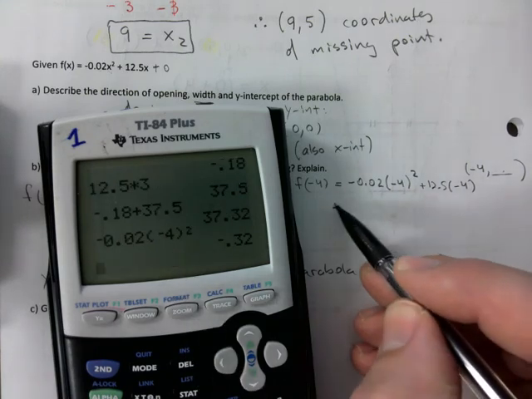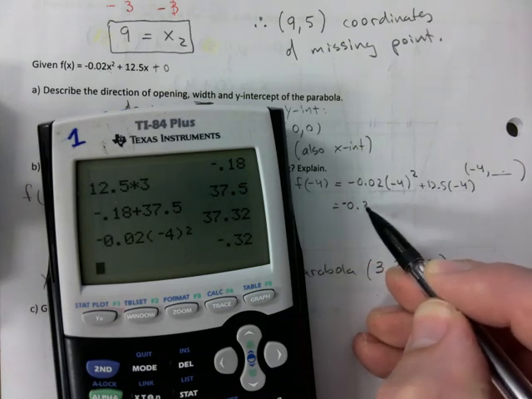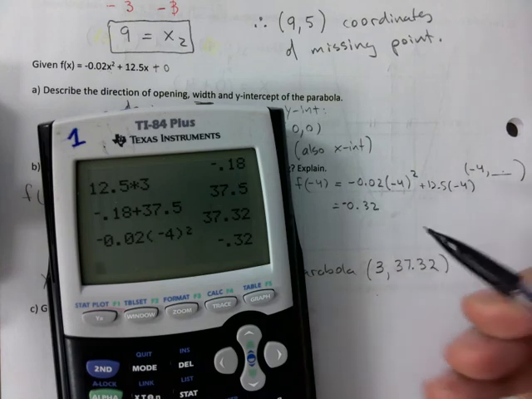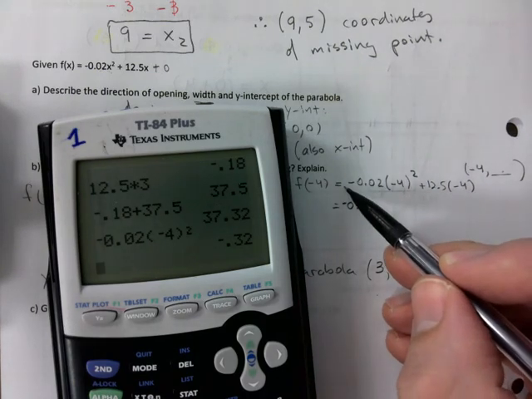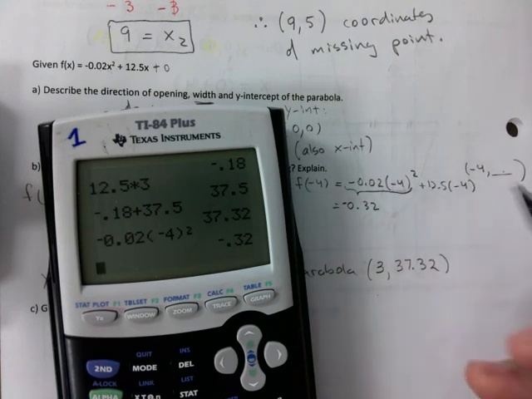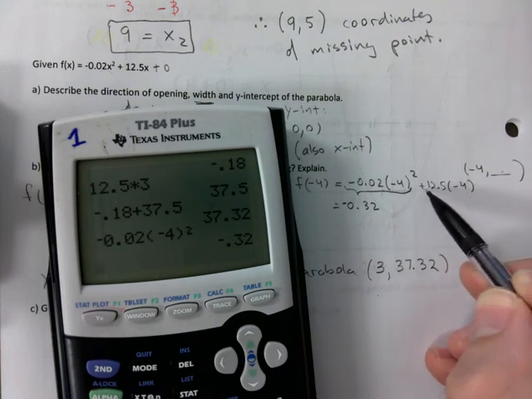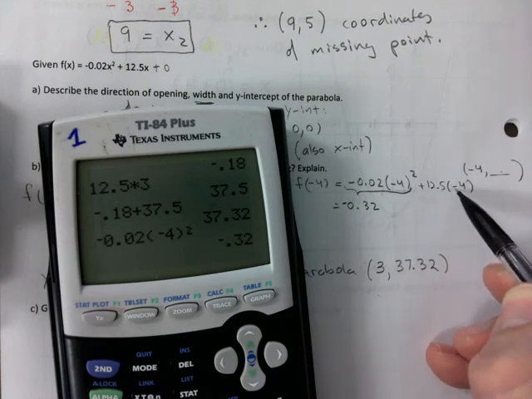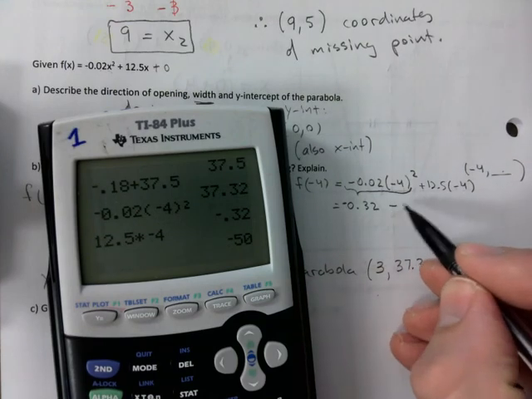And so that gives you negative 0.32. So I just did this part, basically. This part right here gave you that. What's the sign when you multiply opposite signs? It's always negative. 12.5 times negative 4. And that would give you negative 50.